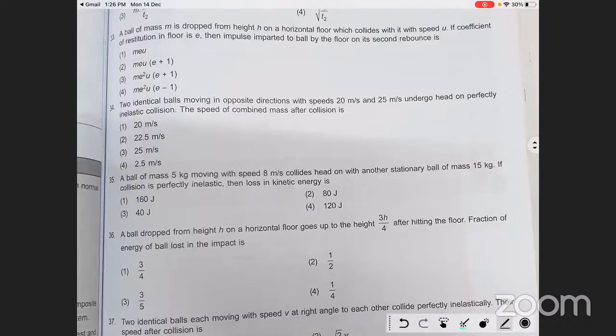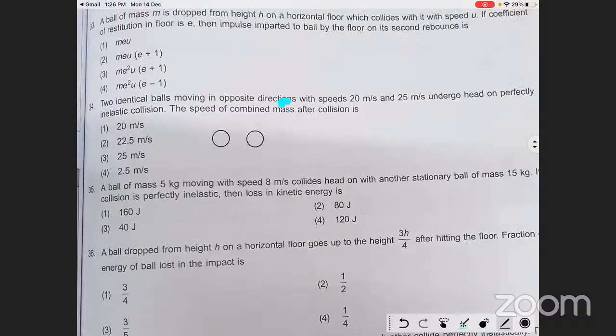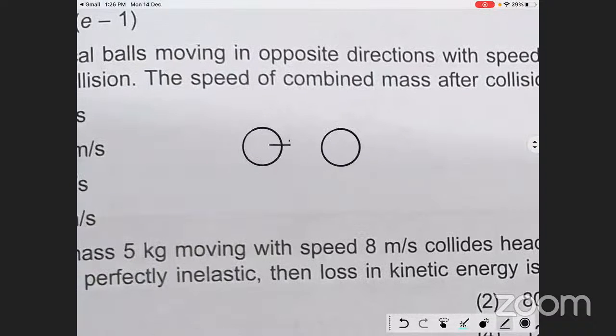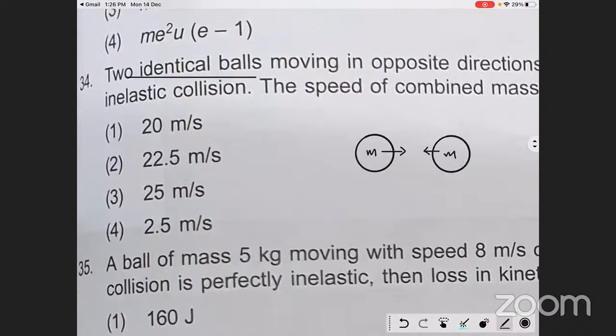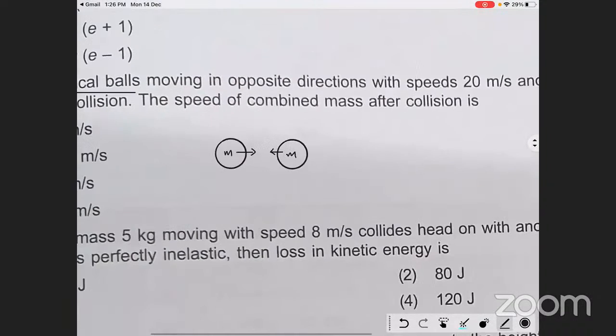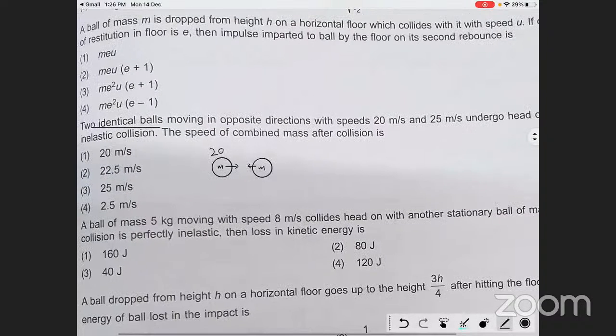So the question is very easy. Assume two identical balls moving in opposite directions. Both have the same mass because the balls are identical. I believe you have copied this question, but I'll send you the question, don't worry.